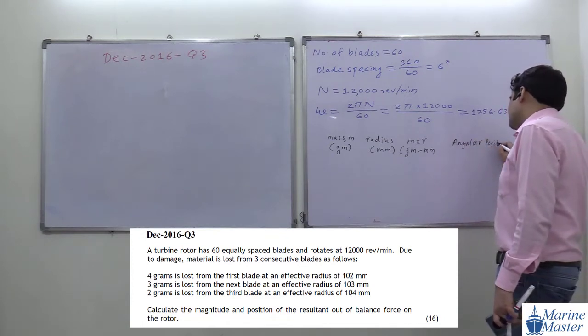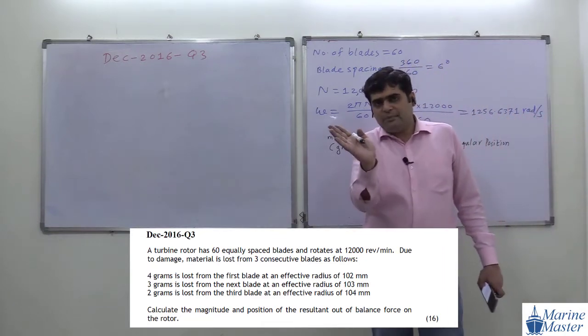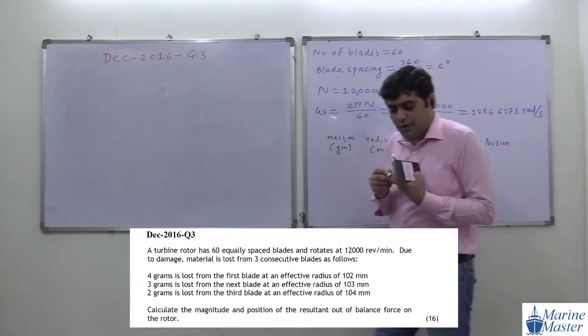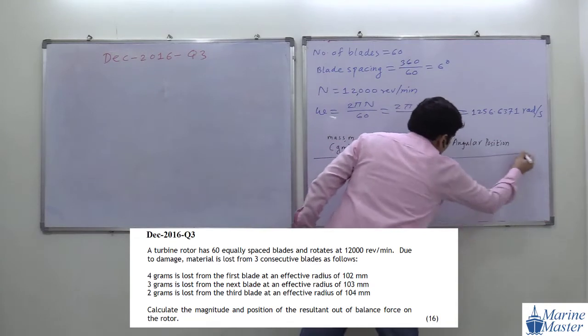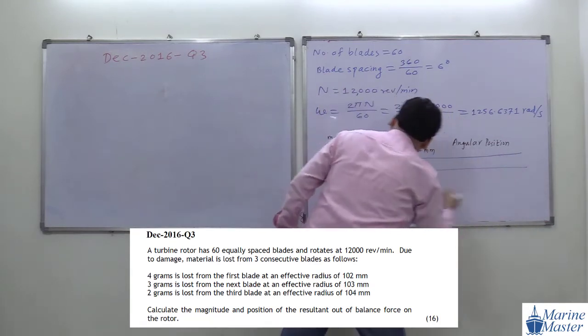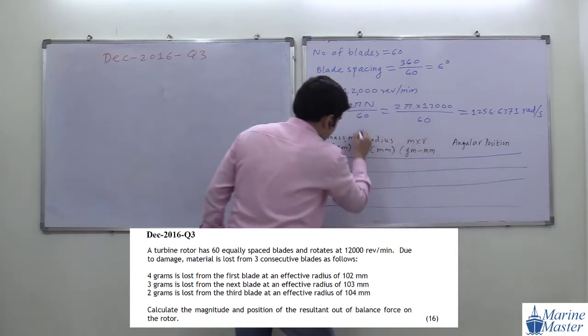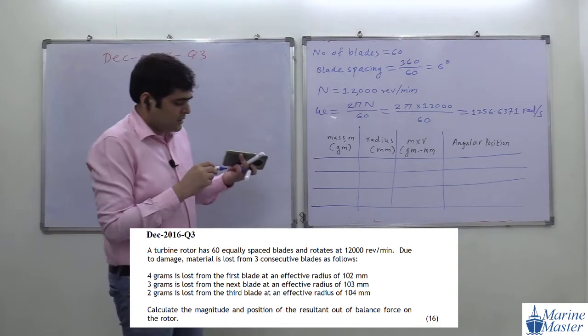3 consecutive blades means the first blade, second blade, and third blade. This point is very, very important. So I am making a table. Here we have 3 blades: first, second, third.